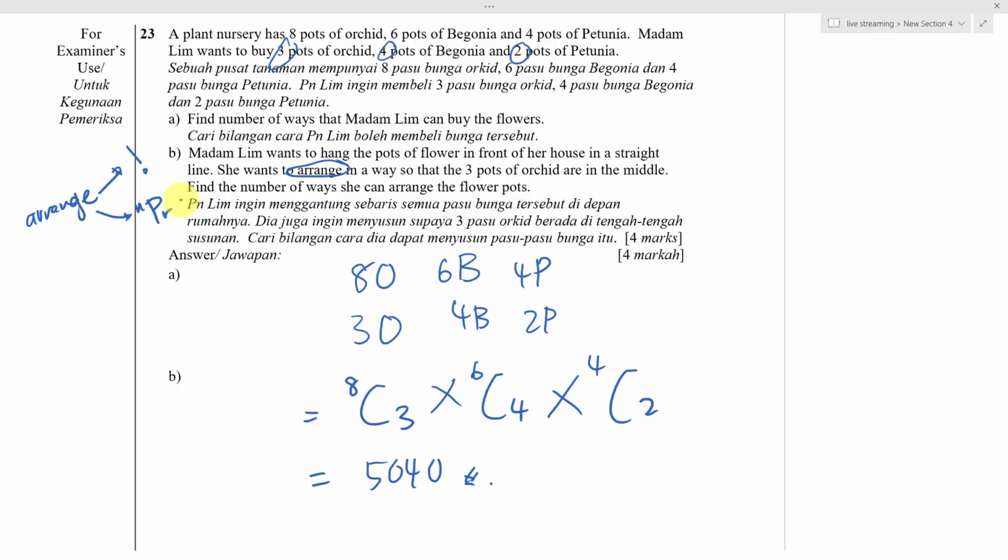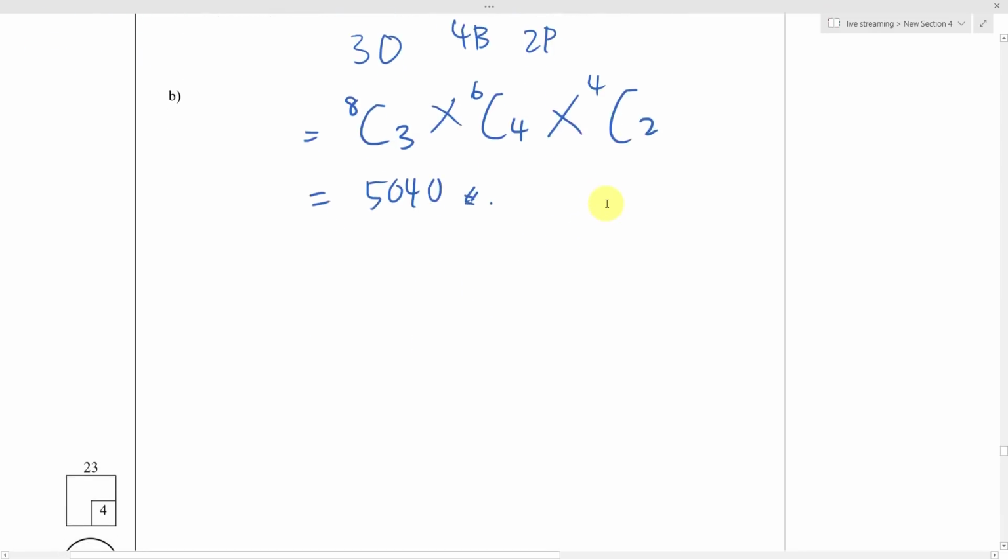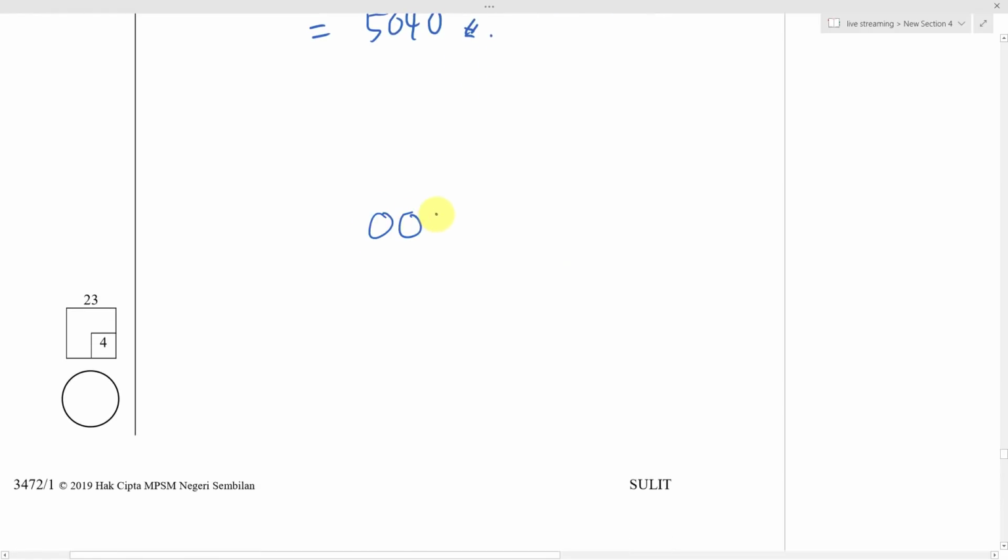Either one is correct. So over here, what she actually wants is to arrange, and then make sure the 3 orchids are in the middle. Because she has 9 flowers, isn't it? So the 3 orchids must be at the middle. So here can be any 3 of them.